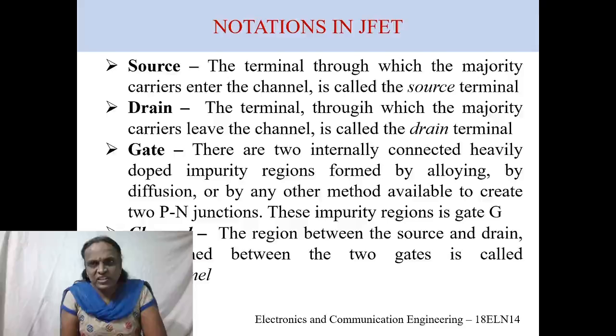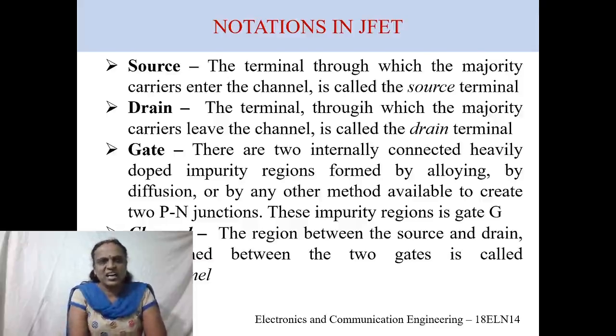So we have the current entering the channel as IS, the current leaving the channel as ID, respectively for the source and the drain. And coming to the gate, here a voltage is applied between the source and the gate, and that voltage is called VGS.